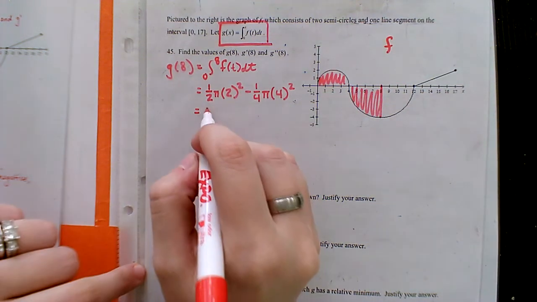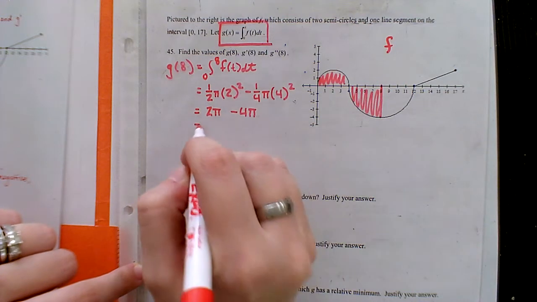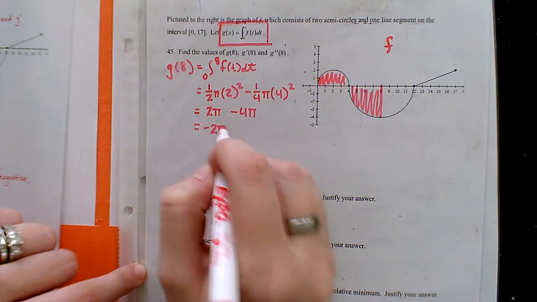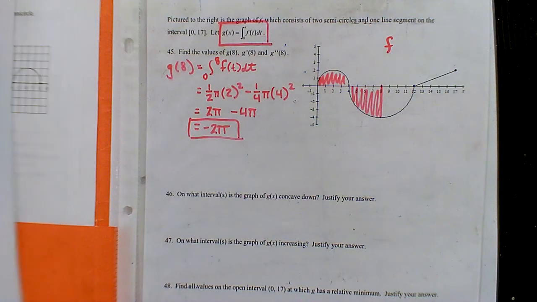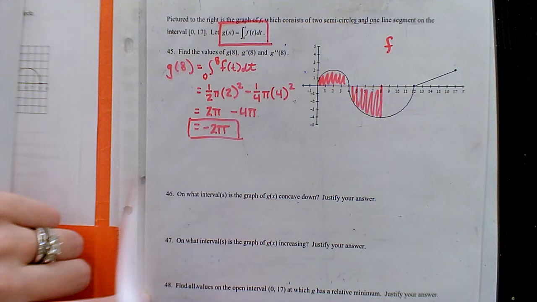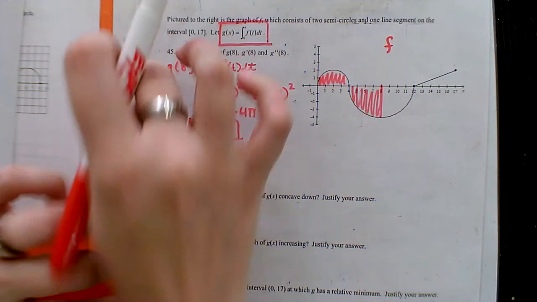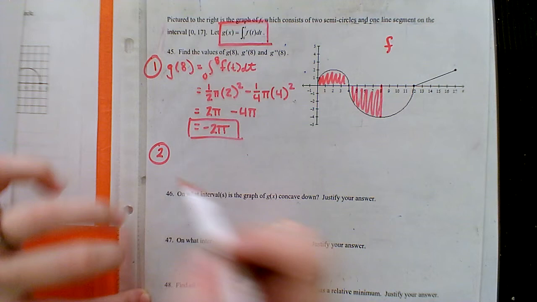So we get 2 pi minus 4 pi, so it looks like negative 2 pi. Maybe we'll label this as number 1. Okay. Let's try the second one.